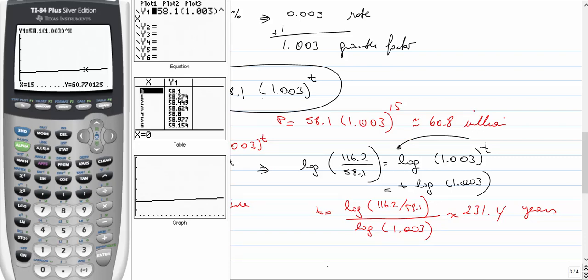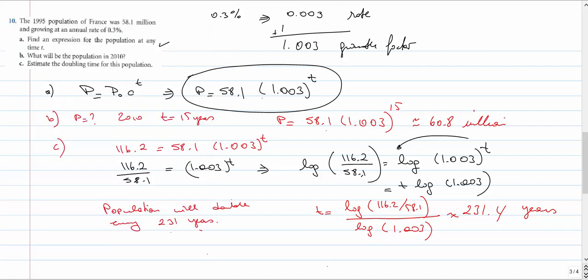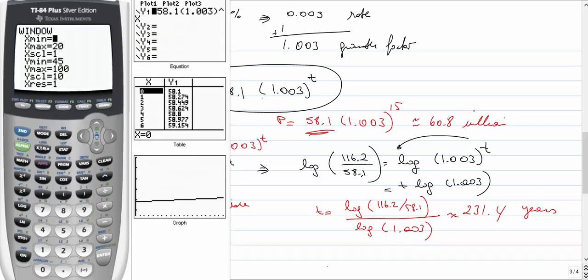Alright, so with y, I type my function, and then on the window x, I went from 0 to 20, increments of 1, and then the y min, because this is your original 58, I started from 45 to 100.